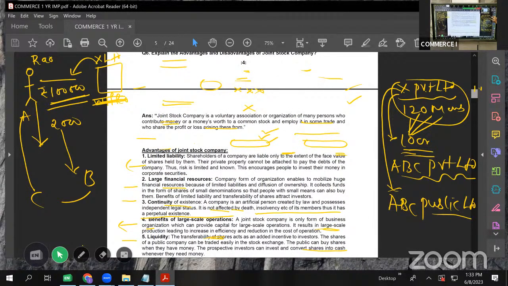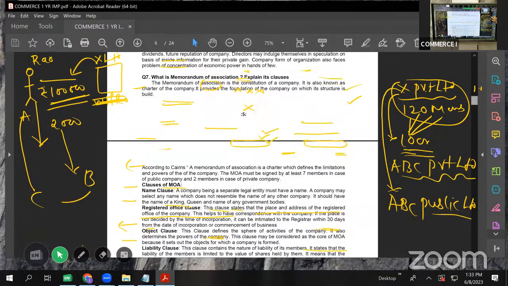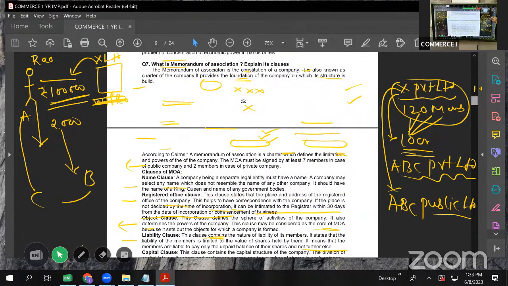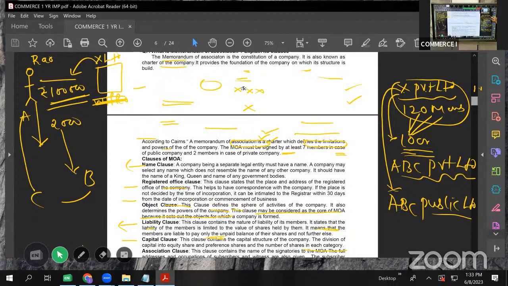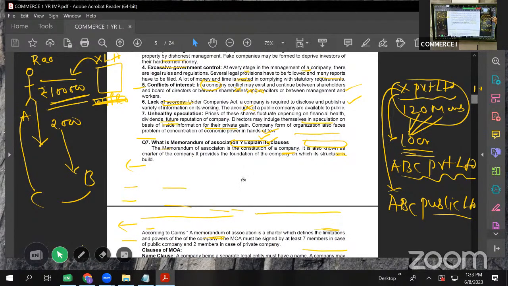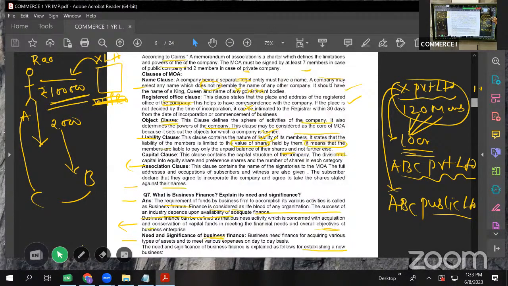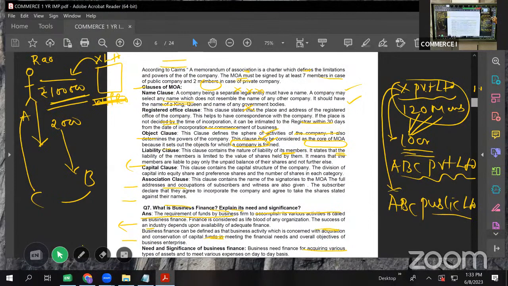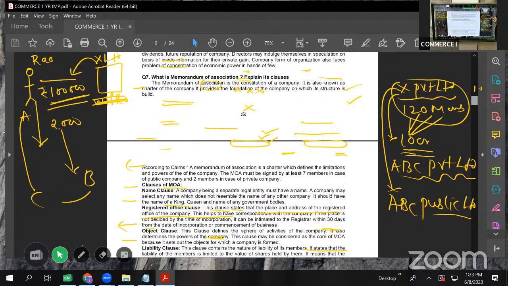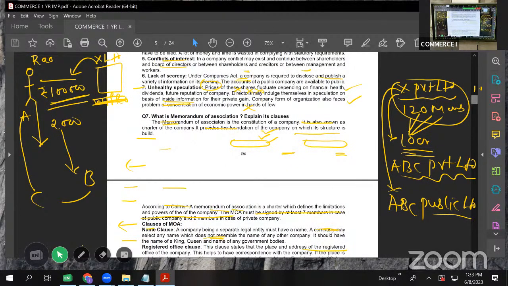Instead, I'll take one very frequently asked question: What is Memorandum of Association and what are its clauses?